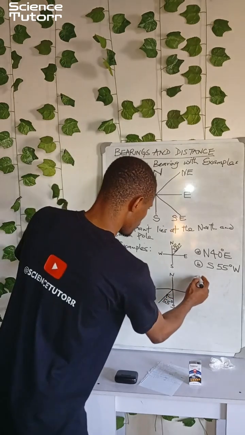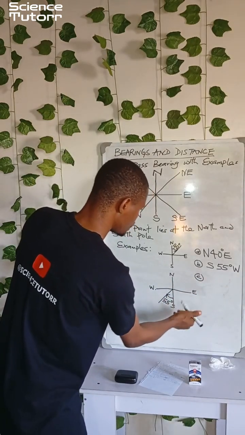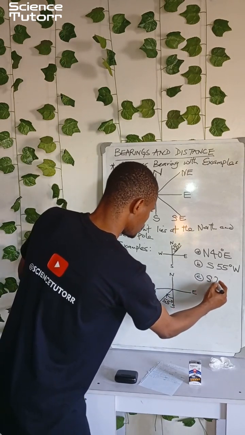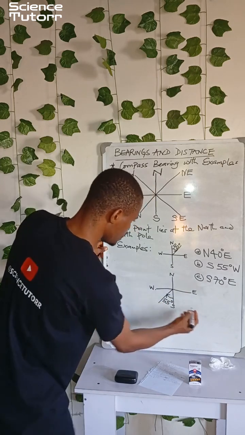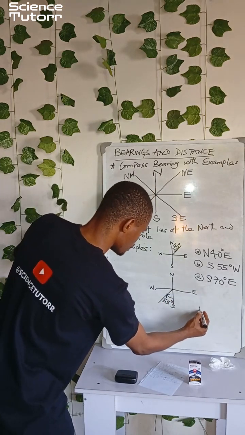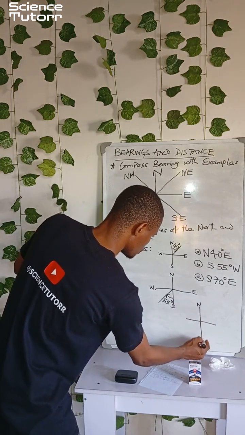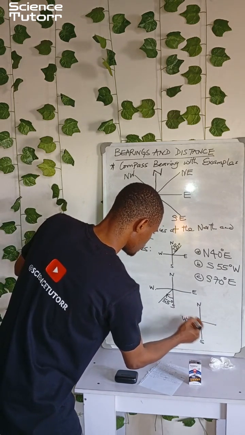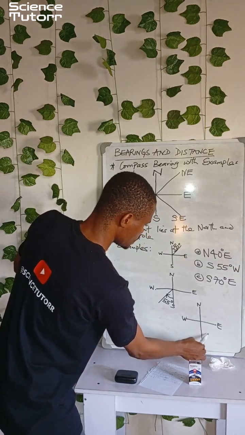The likes we can also consider, we have a southeast, let's say south 70-degree east. South 70-degree east, let's have another one. Our cardinal points: north, south, west, and east. Where is southeast? This is 90.